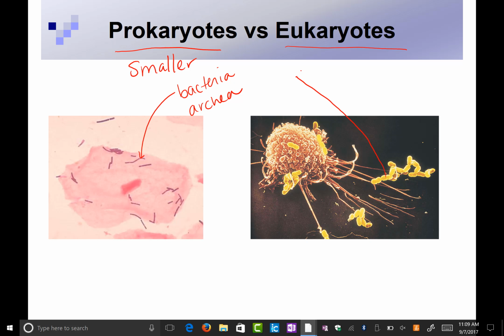These little yellow guys are in a scanning electron microscope image with false coloring, so the bacteria aren't really yellow. And these are again stained, so the big eukaryotic cell and the small prokaryotic cell.